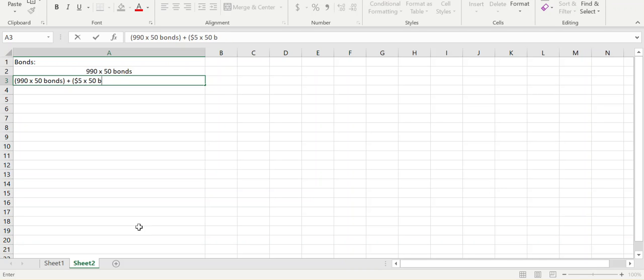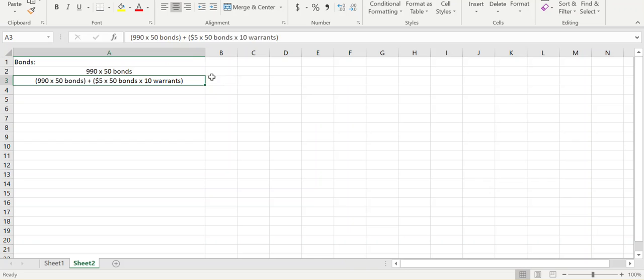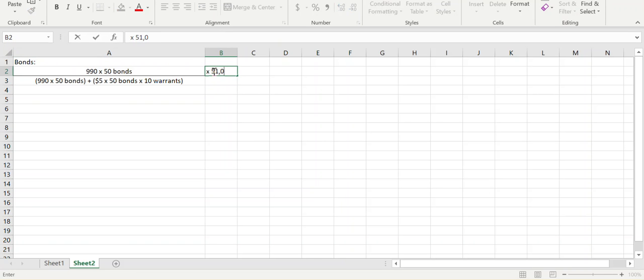There are 50 $1,000 bonds, and each one of those $1,000 bonds has 10 warrants that are attached. So we need to do our math here, and then once we do our equation, we need to multiply that by the $51,000 selling price to determine that allocation.